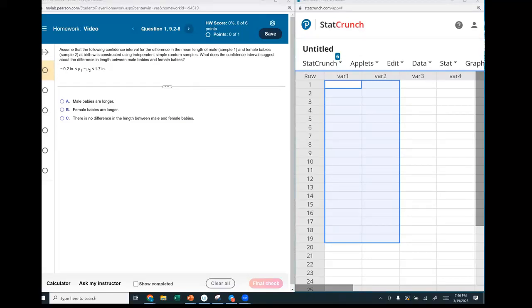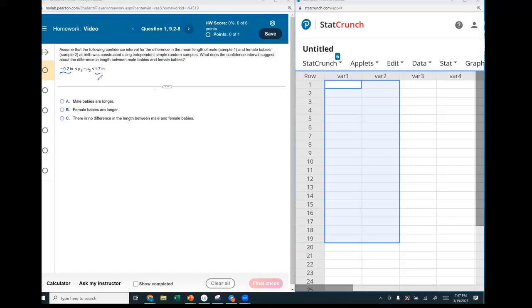Assume that the following confidence interval for the difference in the mean length of male babies, which is sample 1, and female babies, sample 2, at birth was constructed using independent, simple random samples. Okay, good, that's all good. What does the confidence interval suggest about the difference in length between male babies and female babies? So we have here negative 0.2 inches, and here positive 1.7 inches.